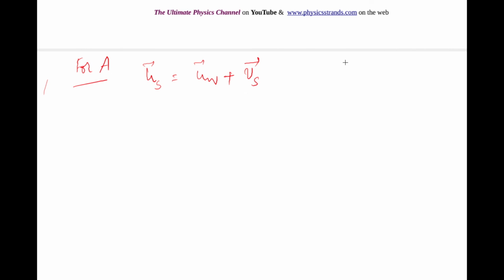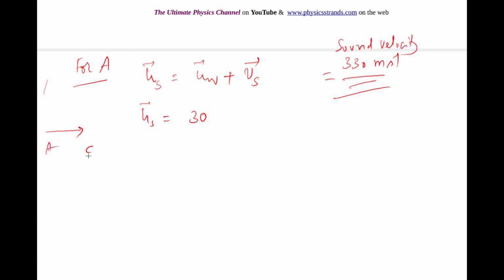Normally the speed of sound in ambient conditions is 330 meters per second. Because the wind is blowing to the right, from A to C, and B is firing from the middle, this is going to be minus: 330 minus 30, that is 300 meters per second for A.